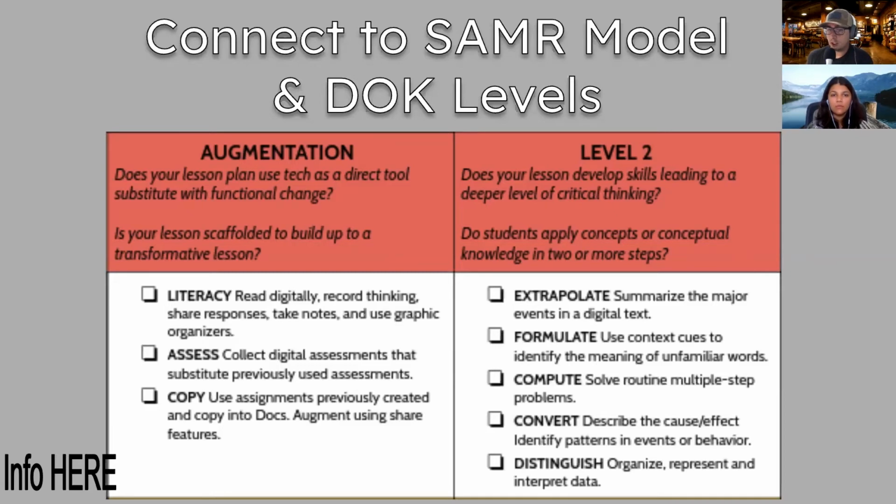So now they're sharing that with others. And now you're at maybe a level 2 DOK level. So maybe they are converting some things. Maybe they're distinguishing between two different things. They're organizing something, they're representing things, they're interpreting data. So now we're taking it to the next step.